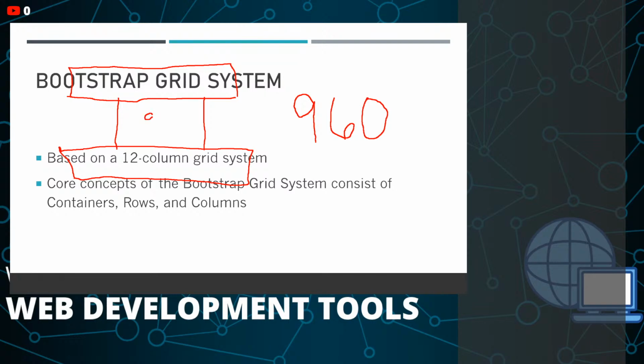This narrowed content box was always 960 pixels. It was a standardized size that could fit basically every monitor that was available, because most of the smaller monitors on the market in the early 2000s were 1024 by 768.